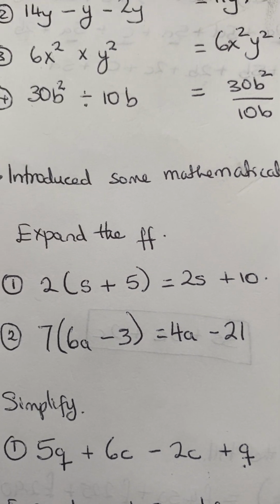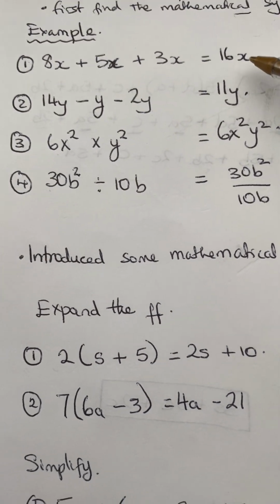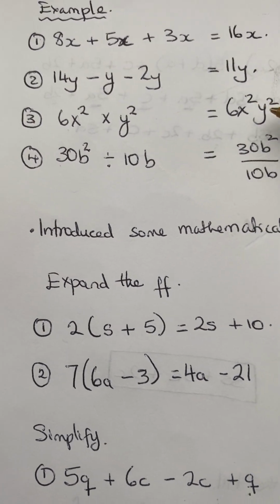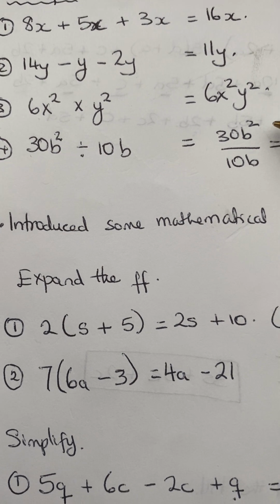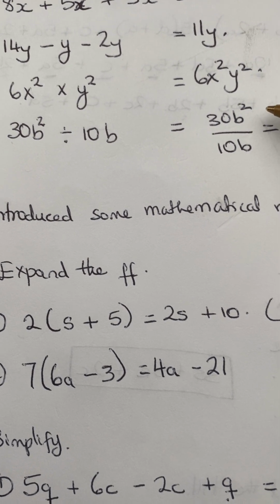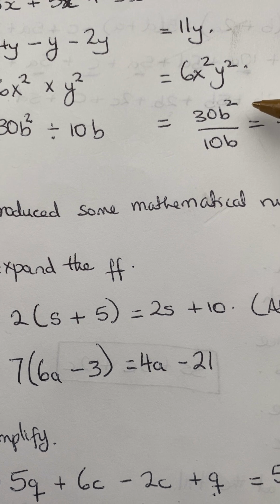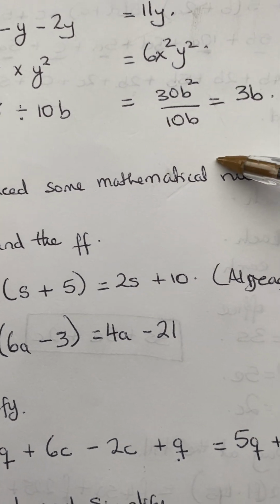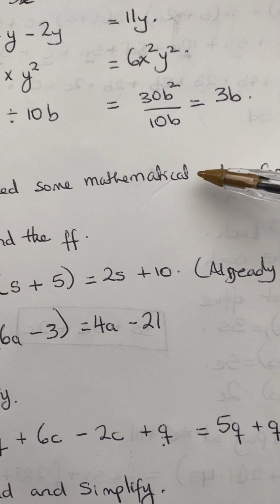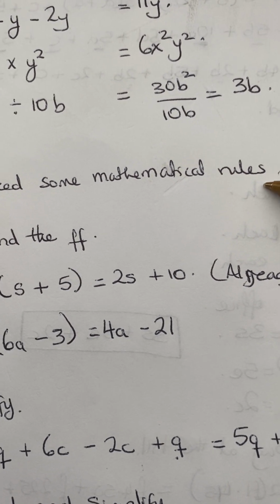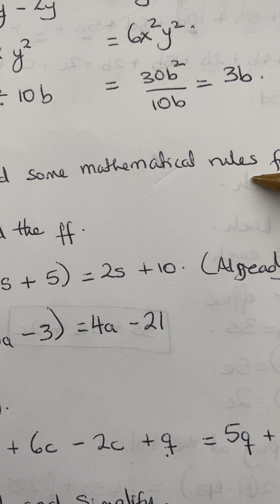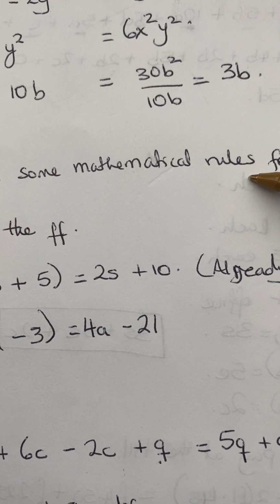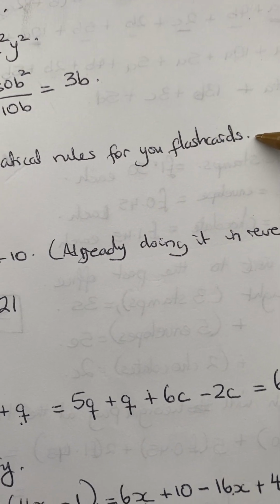Okay, so we've been doing all this, and we've looked at some more difficult examples than this in our first 4 videos. Now I've given you some mathematical rules in the 4th video. That was yesterday's lesson, and I asked you to put them on your flashcards.